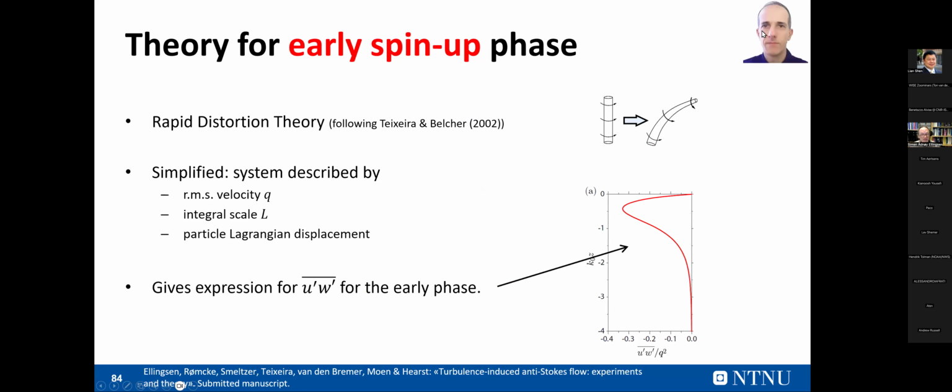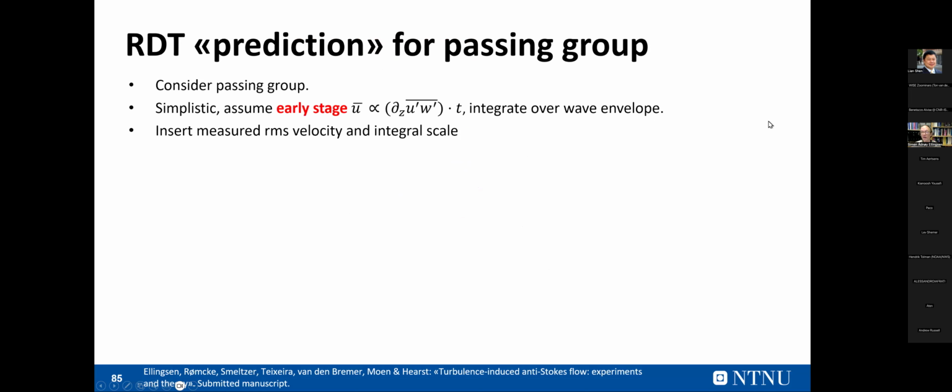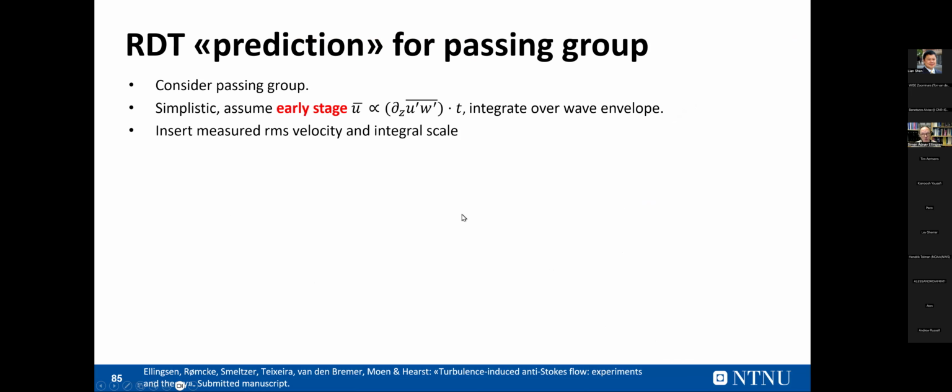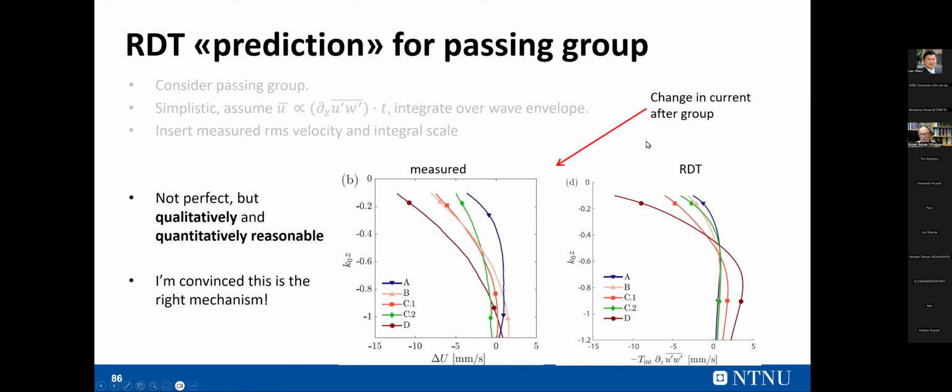Now, we contacted the real expert on this, Miguel Teixeira, who developed the rapid distortion theory following Teixeira and Belcher 2002. To make a long story short, with some rather coarse approximations on many levels, it still comes up with an approximation for the change in current before and after the wave group.